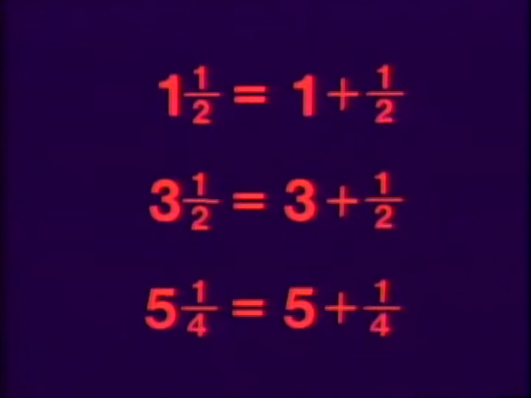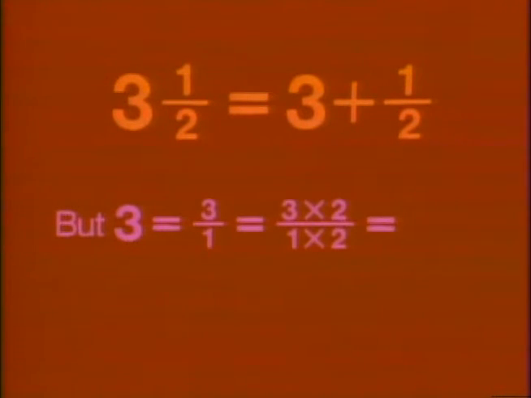This is the important idea behind changing a mixed number to an improper fraction, which is something we have to do whenever we want to multiply or divide fractions, or even to add or subtract them. Let's change the mixed number 3 1/2 to an improper fraction. Think of 3 1/2 as 3 plus 1/2.